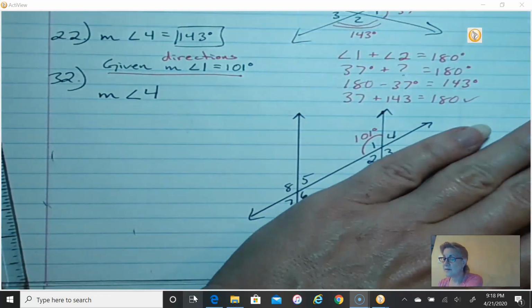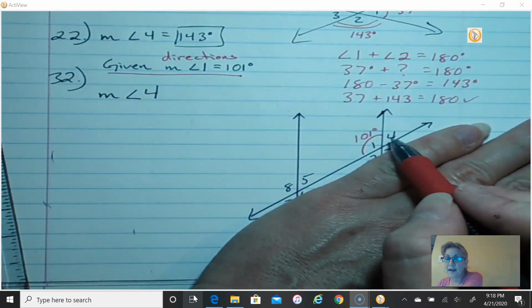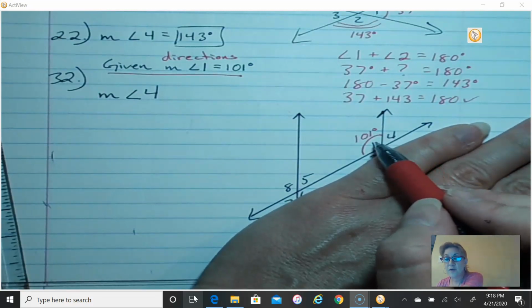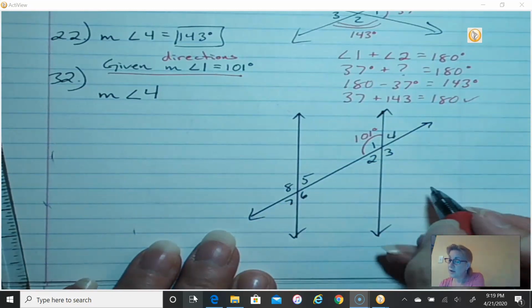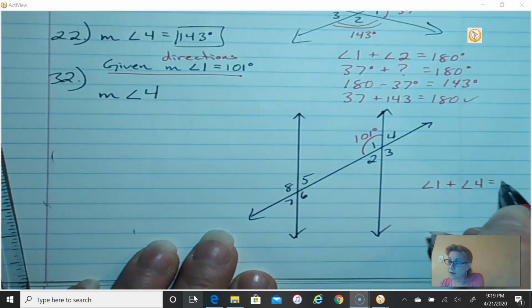Well, here's angle 4. Angle 1 and angle 4 form a straight line. Therefore, if you added them together, they give you 180 degrees. So angle 1 plus angle 4 equal 180.